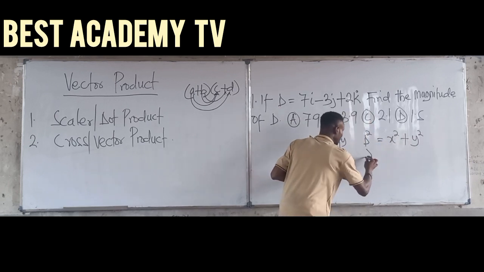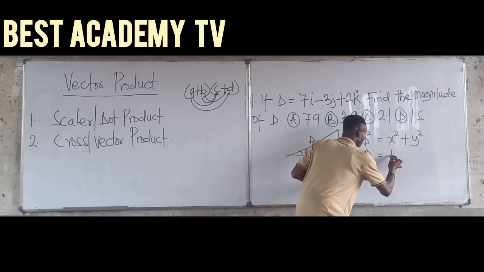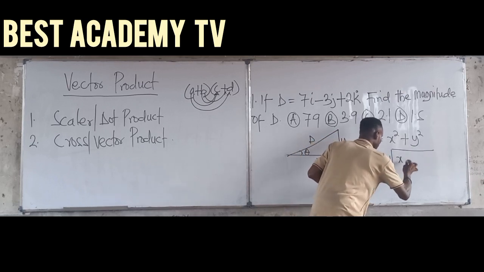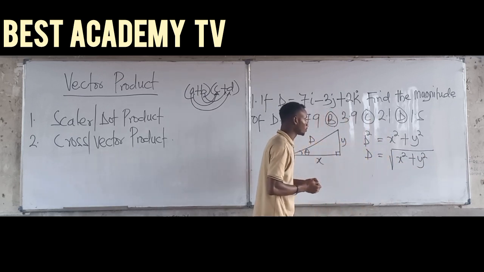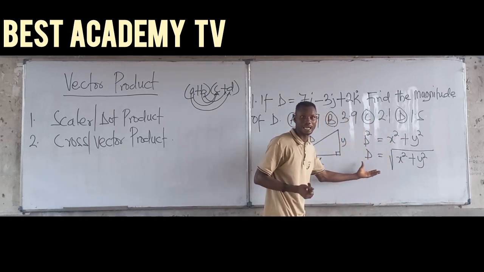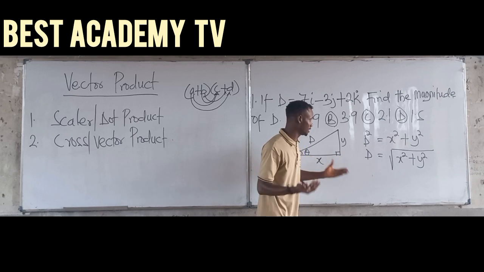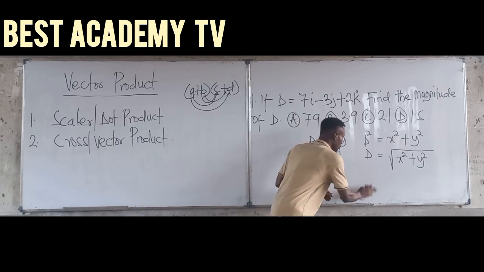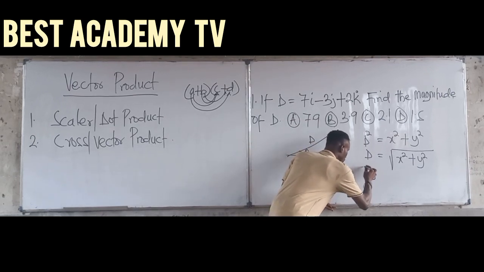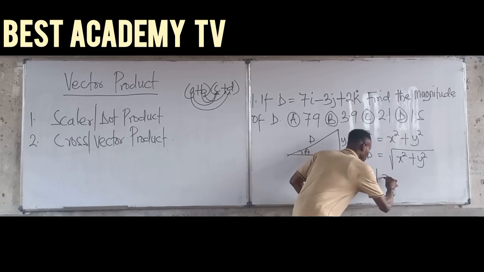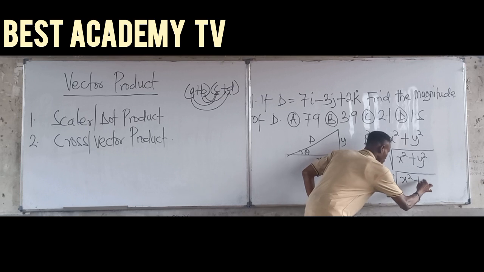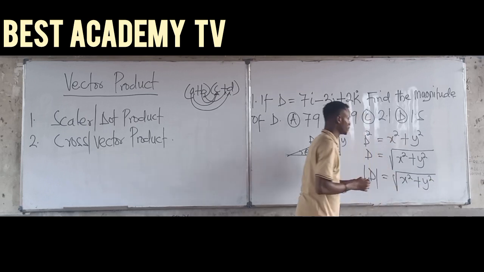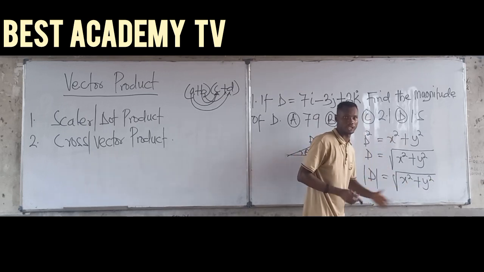So d will be the square root of s squared plus y squared. But this is not magnitude because we have not assigned the main sign here. What is the main sign? The sign for magnitude is 2 strokes, so it will be equal to the square root of s squared plus y squared. This is magnitude for 2 dimensions.